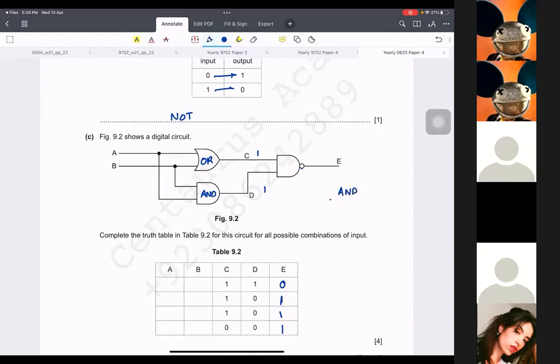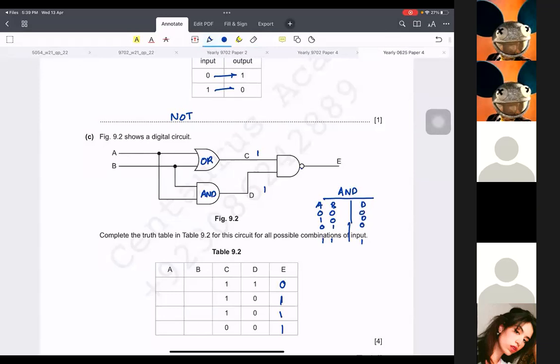Let's make 2 truth tables, X and Y. So let's say A and B and C and D. This has D. So if it was 0 and 0, it would give you 0. If this was 1 and 0, it would give you 0. If this was 0 and 1, it would give you 0. And 1, 1, it would give you 1. So that's inputs for D.